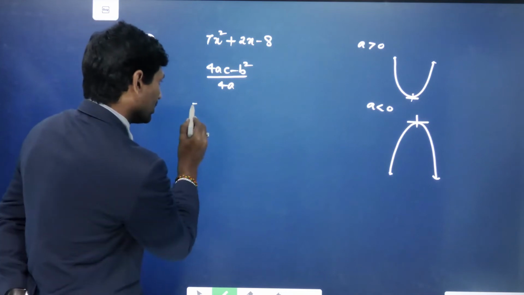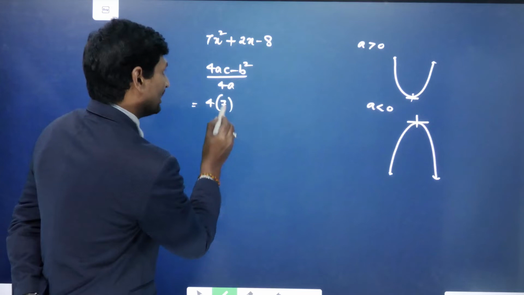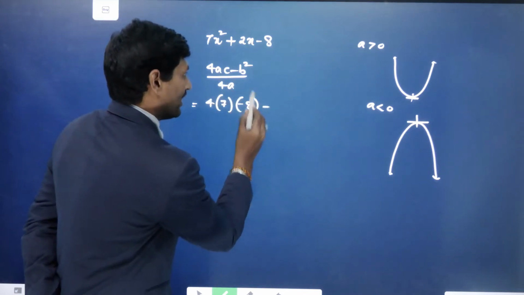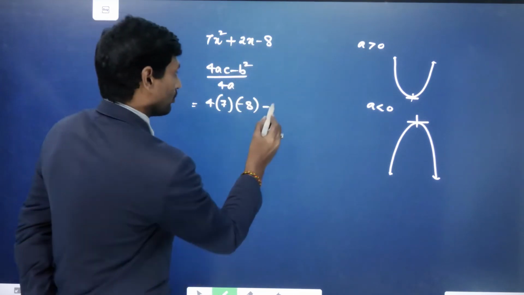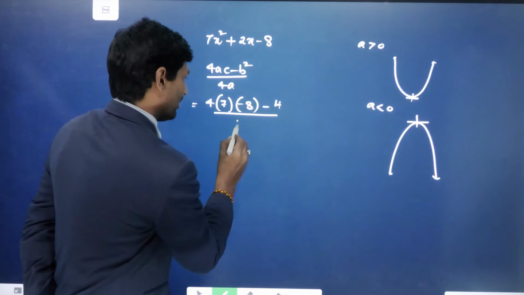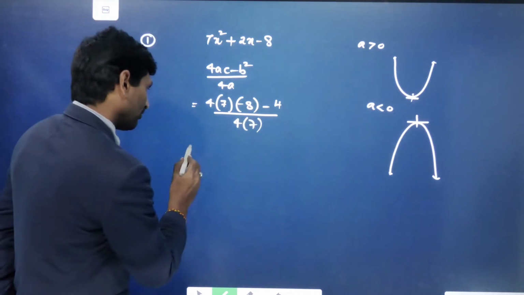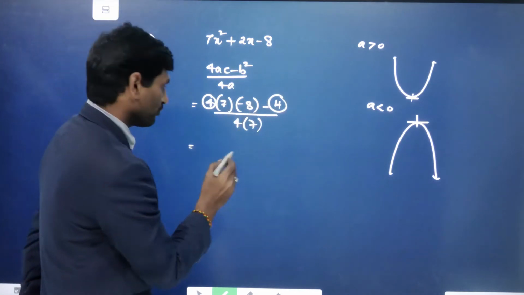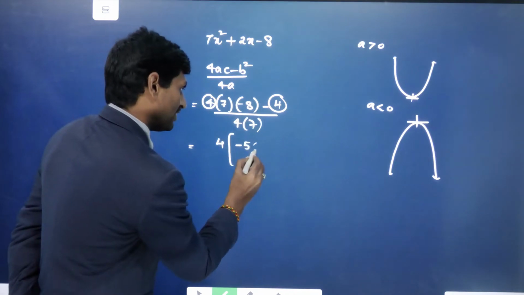Let us substitute. 4 into a value 7, and c is the constant, minus 8, minus b square, b is 2, 2 square value is 4, all divided by 4 into a value 7. In the numerator, 4 is a common term in both terms, and 7 into minus 8 is minus 56.